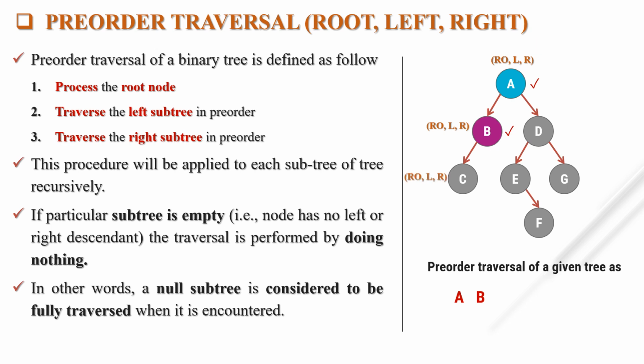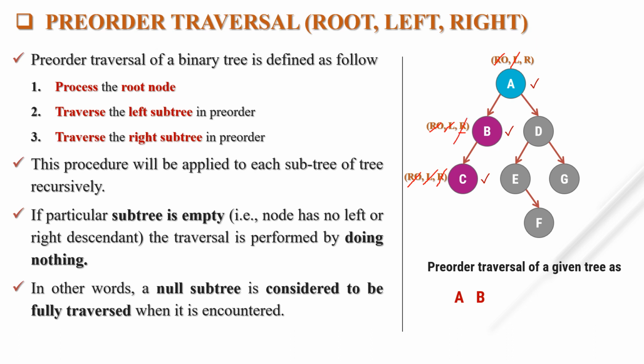Here root is already processed, here also root is already processed, and here now root is going to be processed. So C will be the answer. Now there is no left subtree and no right subtree. Is it clear? The left subtree is already processed. Now, is there any right subtree of B? No. So this is already processed.